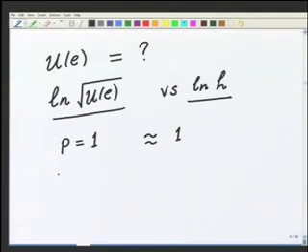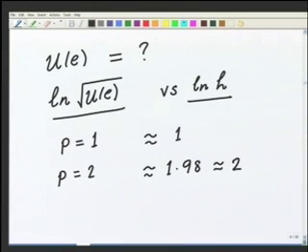Now if I fix p equal to 2, then when I plot this, the slope of the line is approximately 1.98, which is 2. For p equal to 3, you see that the decay in the error, the strain energy of error, is approximately 3. So can I reach a general conclusion out of this?